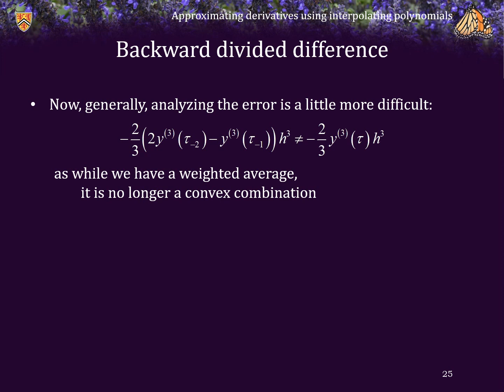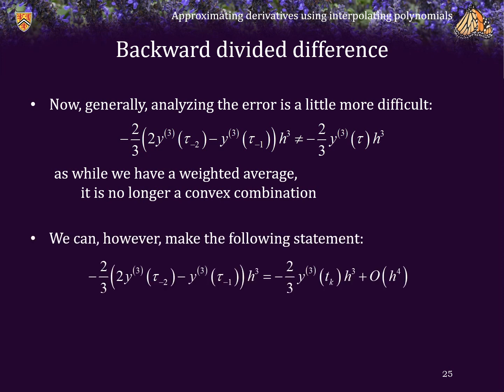So we're actually going to have to approximate the error. If the third derivative is sufficiently constant between t sub k minus 2h and t sub k, then at least we can approximate the error term by negative 2/3 times the third derivative at t sub k, all times h cubed. This is an approximation.